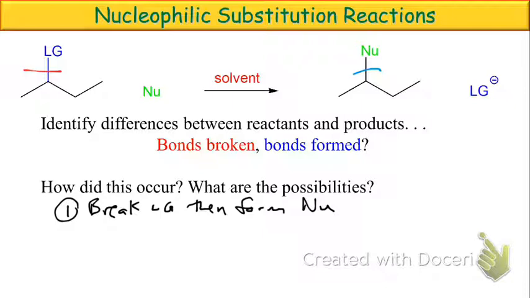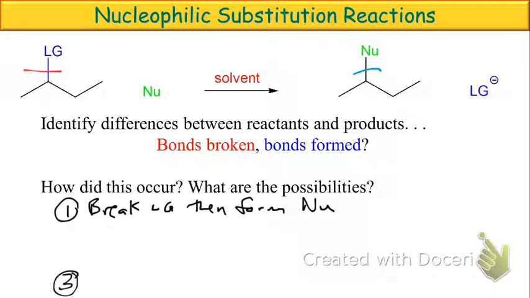Okay, what's another possible way that we could do this reaction? So we're looking at the possible ways that we can organize breaking the bonds and forming the bonds. So in the first case, we said we'll break our LG bond, then form the NU. How else could we possibly do this? Let's form, then break.